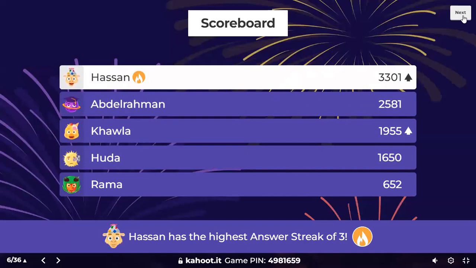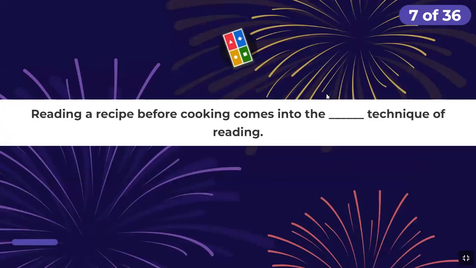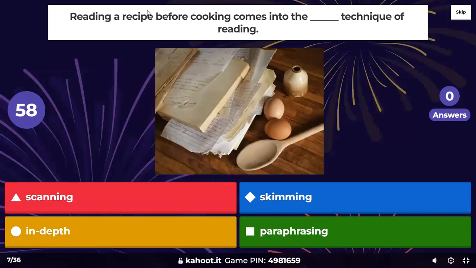Okay. So I think this is the last question. Now, reading a recipe before cooking comes under the technique of reading. In which skill? Scanning, skimming, in-depth, or paraphrasing?